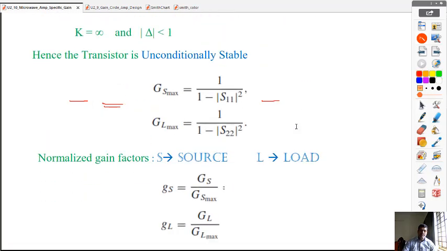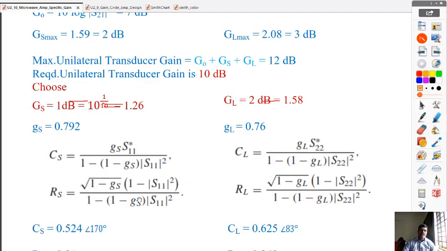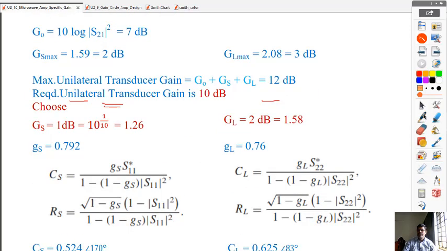So next we have to compute the required gain. We can see the maximum unilateral transducer gain. Why is it unilateral?